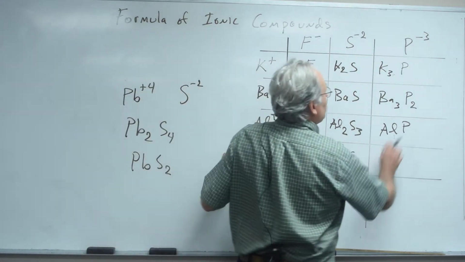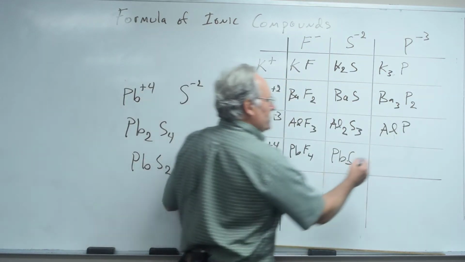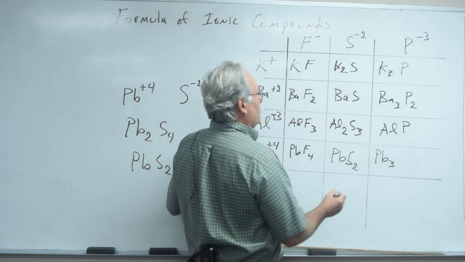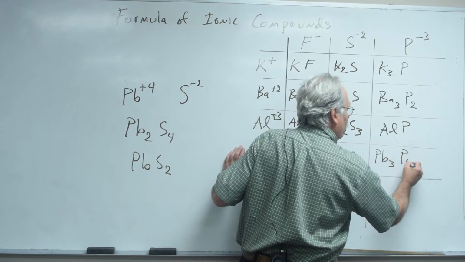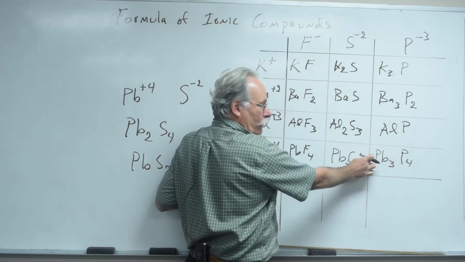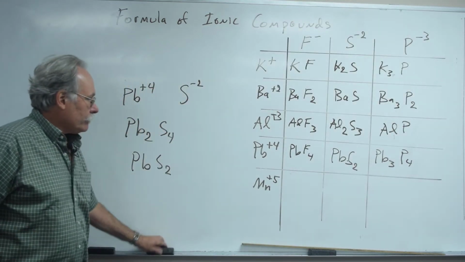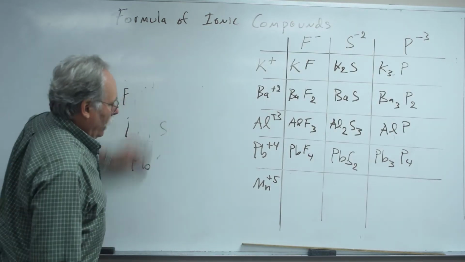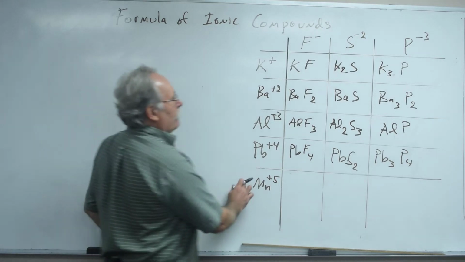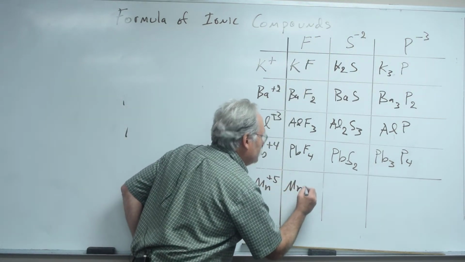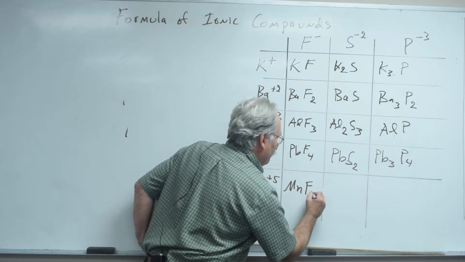Now I come over here, and I hope you've seen how easy this is. It's Pb3P4, because 3 times 4 plus 4 times minus 3 equals 0. Now I come over here, and I have Mn +5, so I have MnF5.